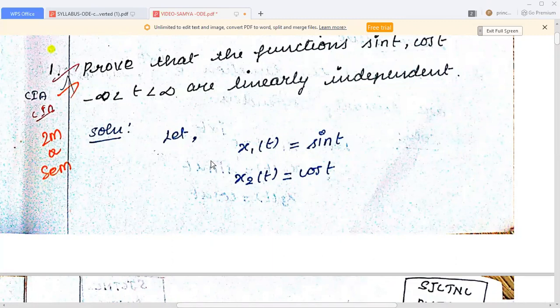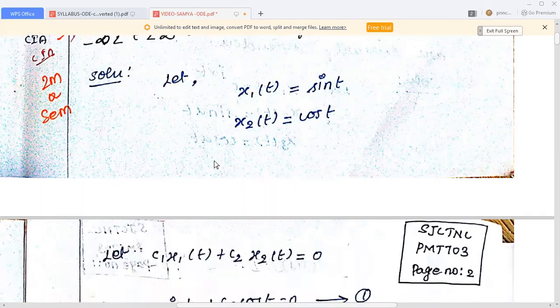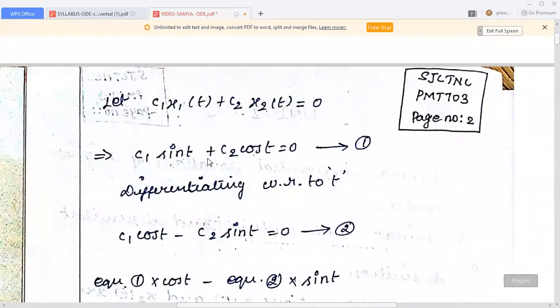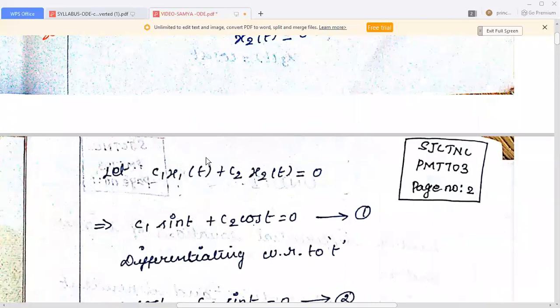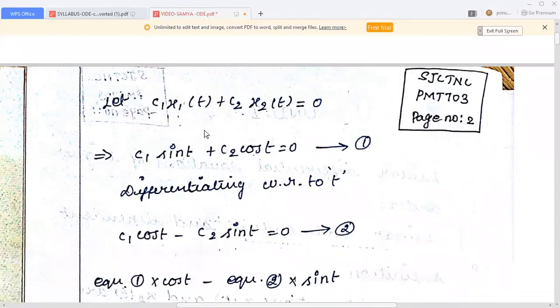So x1 of t equal to sin t, x2 of t equal to cos t. Now we take the linear combination. Let c1 into x1 of t plus c2 into x2 of t equal to 0. Now we can substitute the values for x1 and x2. This implies c1 into sin t plus c2 into cos t equal to 0. This can be taken as equation number 1.